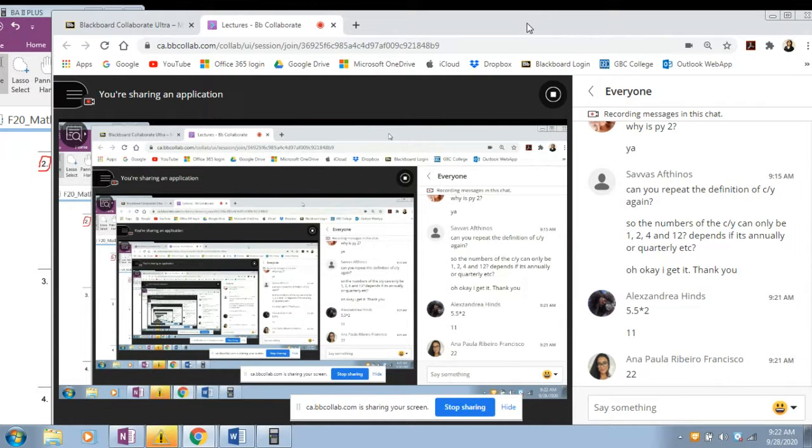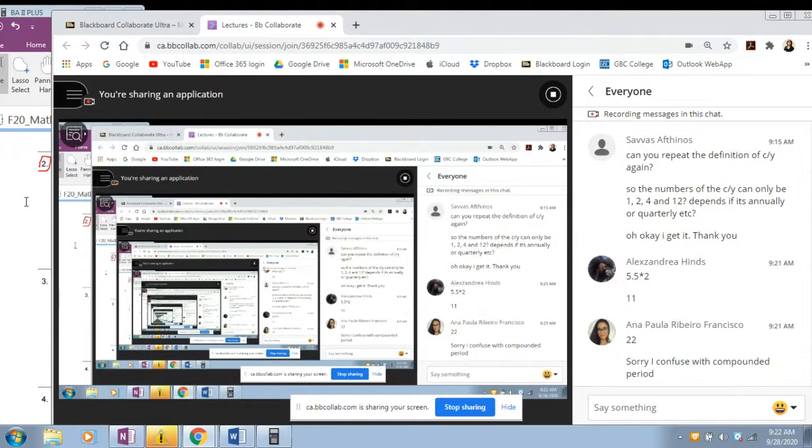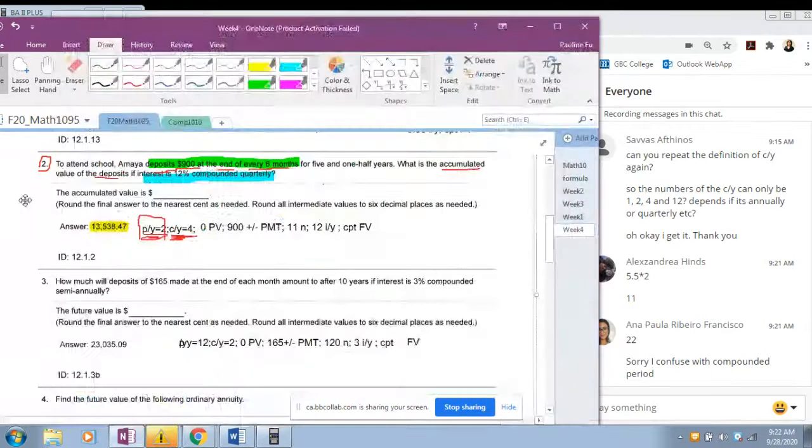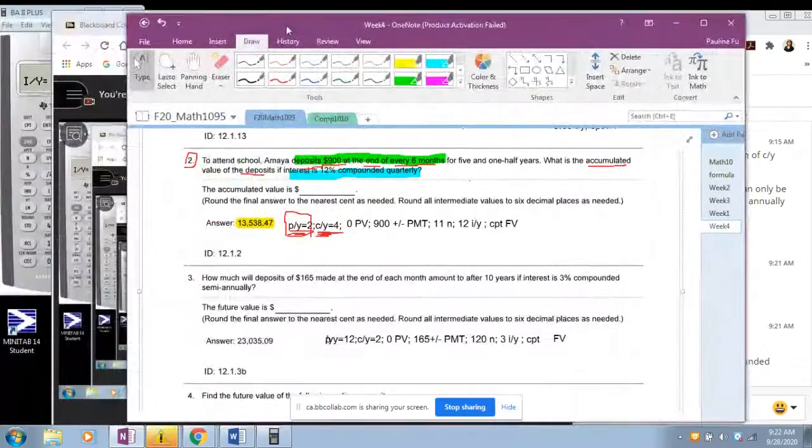How many deposits did you make for 5.5 years? Alexandra, 5.5 times 2 equal to 11. Fantastic. N equal to 11. Anna, you get it? Not 12. Okay, I confused it with the compound period. No problem. That is how we learn.